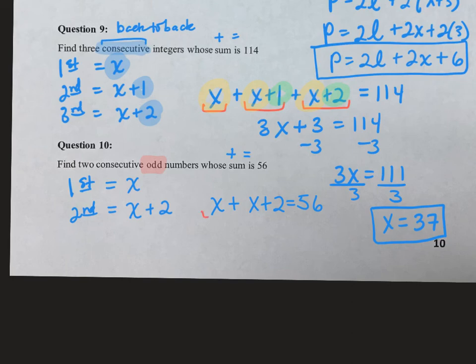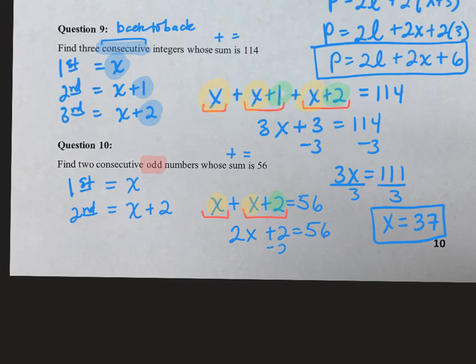I've got my x and then my x plus 2. I do my x here and my x here, and then I've just got this 2 by itself. Now solving for this, x plus x is 2x, plus my 2 by itself equals 56.